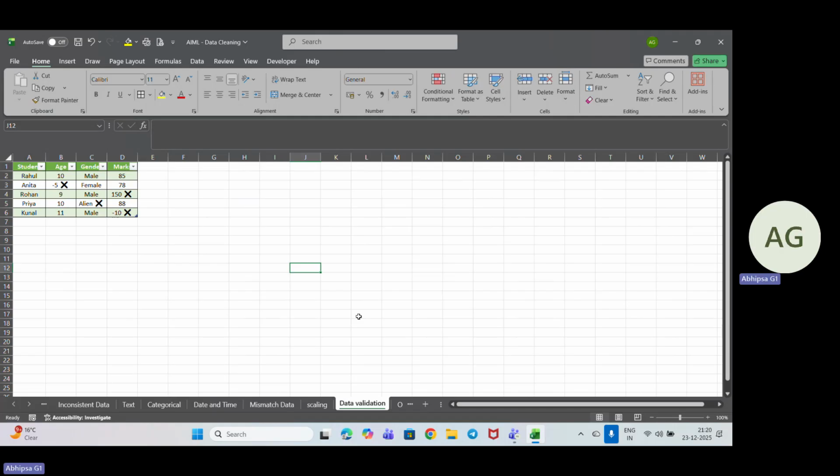Next, coming down to data validation. What is data validation? Data validation means checking the rules to make sure that the data is correct before we are using it. Suppose these are the invalid data, of course, because we have age, and age cannot be -5, right? So we can understand that this is invalid data, so it should be validated and a valid result should be taken accordingly.